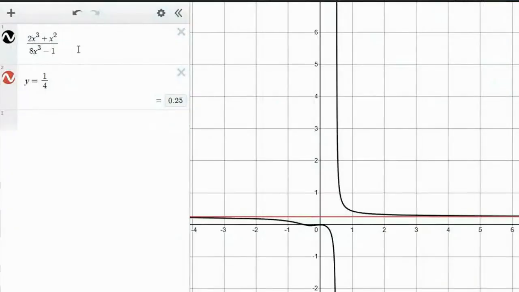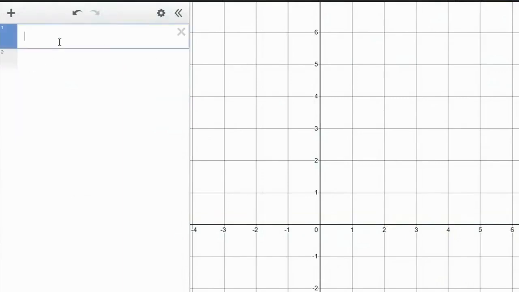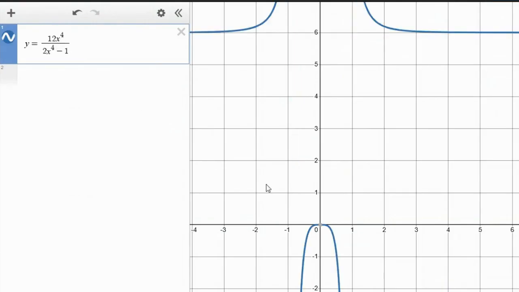So let's look at that. Let's change this equation to be y equals 12x to the 4th divided by 2x to the 4th minus 1.